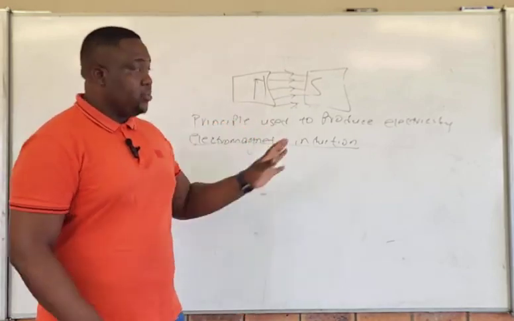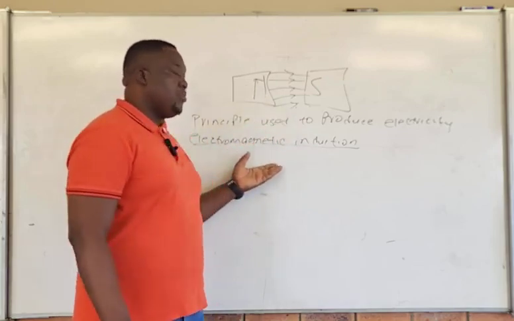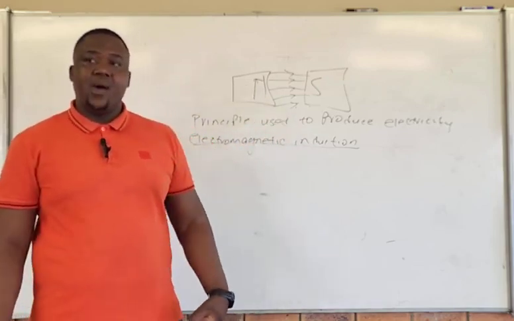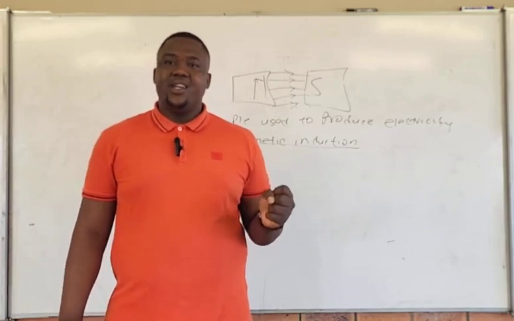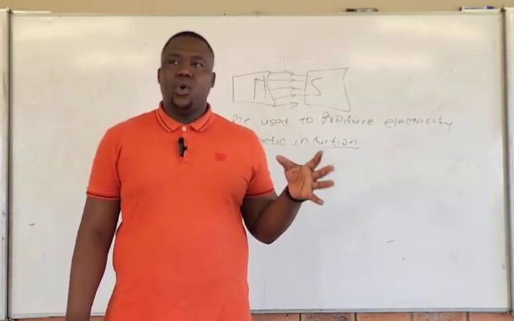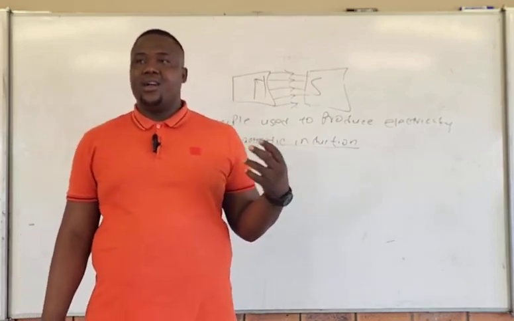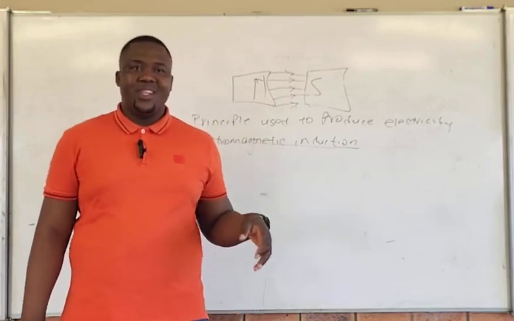But the principle of producing electricity from magnets is called electromagnetic induction. Our South African electricity is produced from coal. We have coal power plants, so that's what is used to produce electricity.